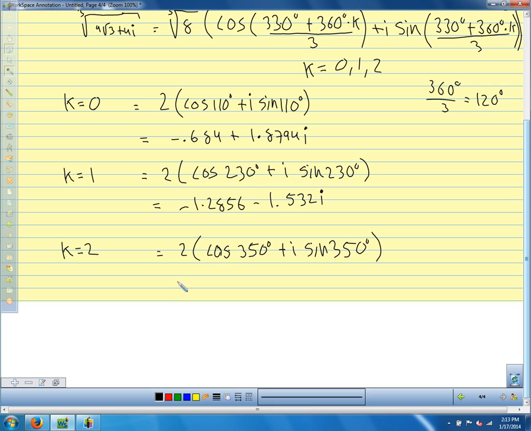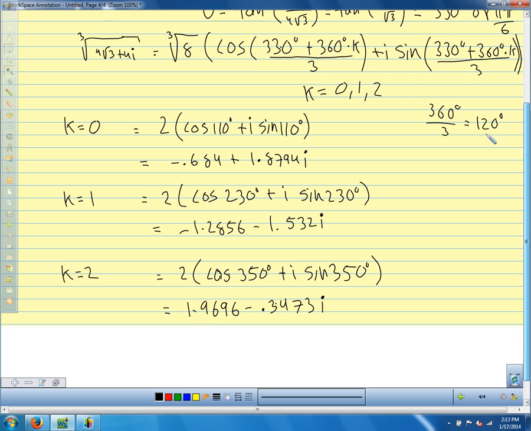And when I calculate that, I get that this is about 1.9696 minus 0.3473 i. So I find my original angle. The roots are symmetric around the circle at every 120 degrees, so I just added 120 degrees each time to my new angle, and I get my new point. If I added another 120 degrees to 350, I would get back to where I started.